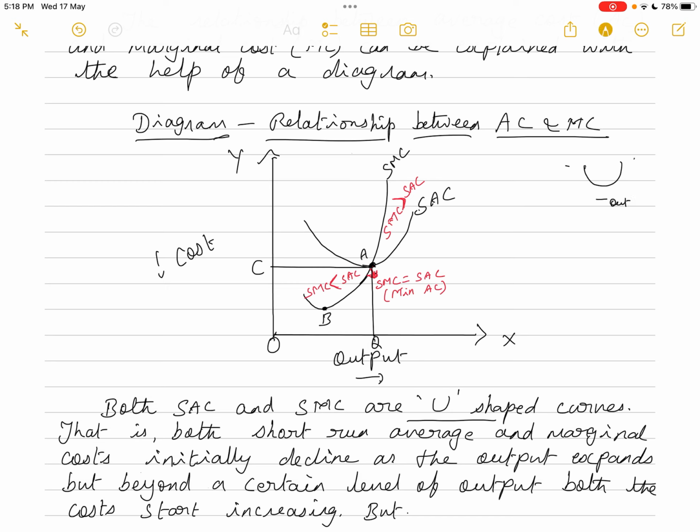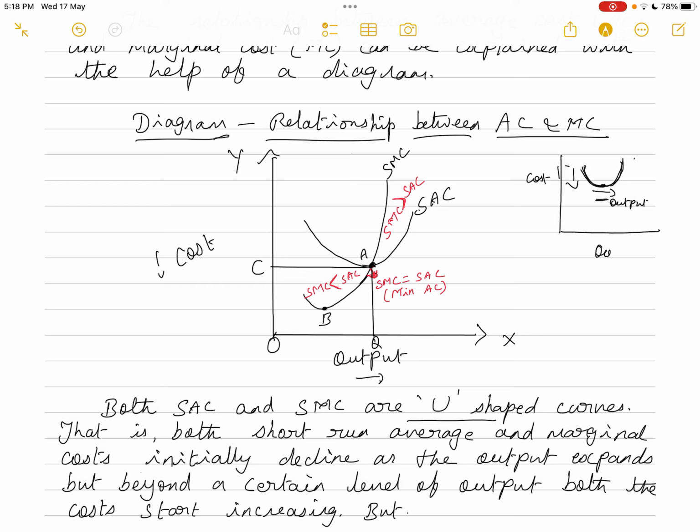Now here on the x-axis we are representing the output and on the y-axis we are representing the cost. Now what do you infer from this? When the output keeps on increasing, the cost is declining initially. Initially cost is declining, it reaches the minimum point and afterwards it increases.